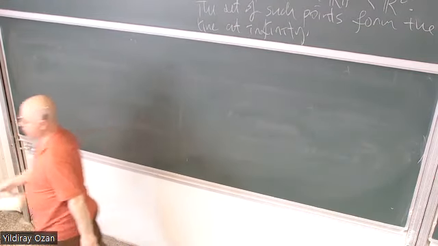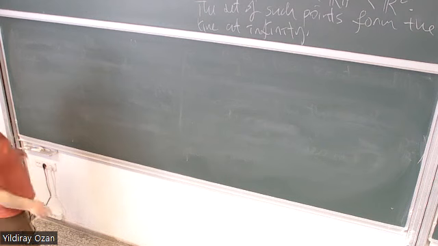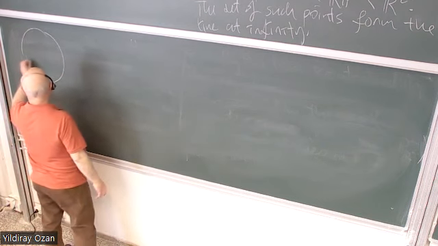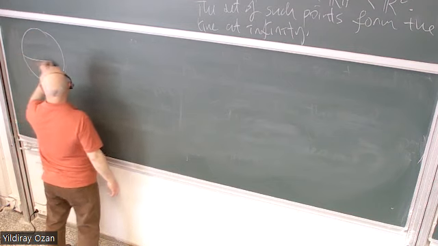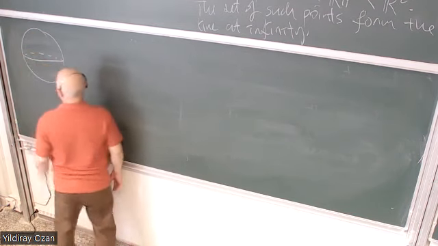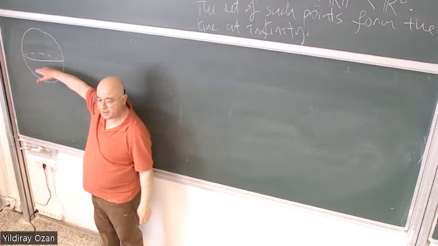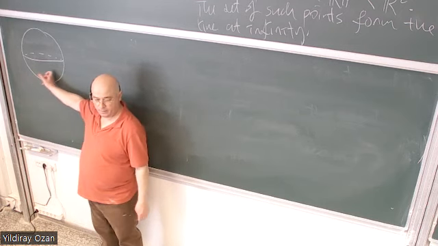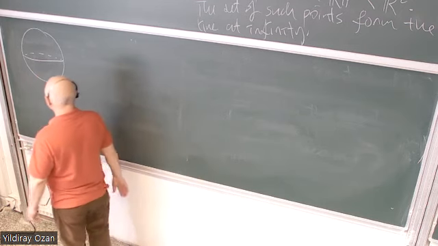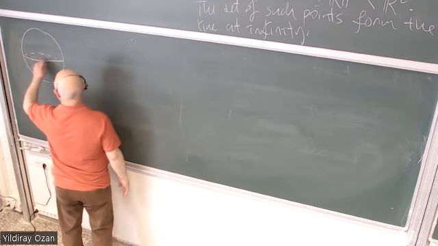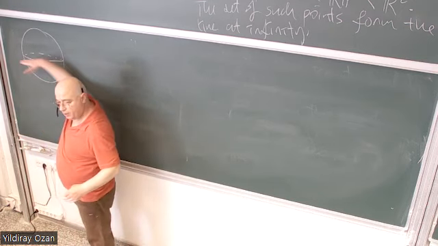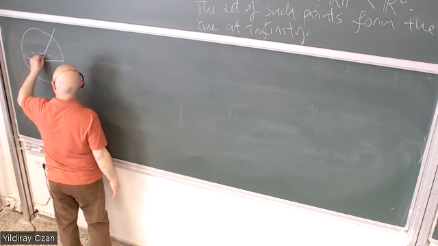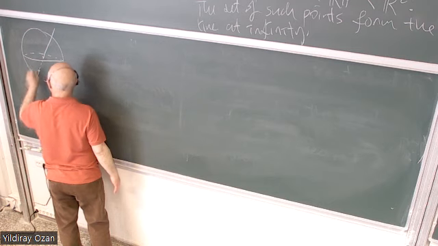Küreye geri dönelim. Let's go back to the sphere model. So the xy plane intersects the sphere on the equator. The other lines which do not lie on the xy plane will intersect the sphere at some other points like this.